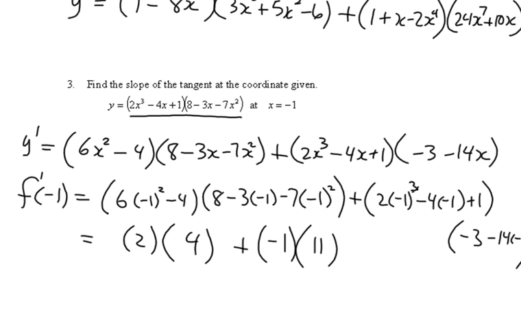Did I make a mistake here somewhere? This should be 6 minus 4. That's 2. This is -1 squared is -7. 8 plus 3 is 11 minus 7 is 4.